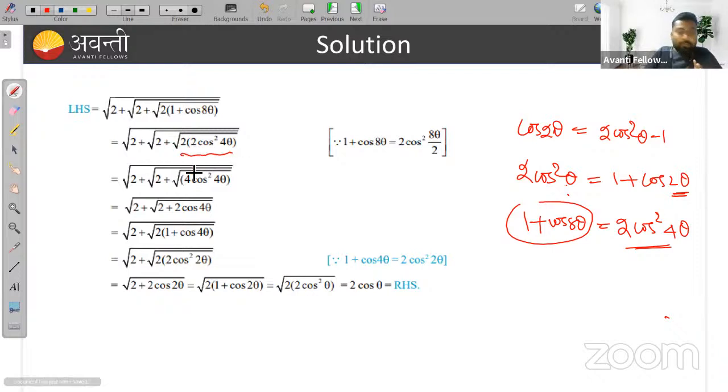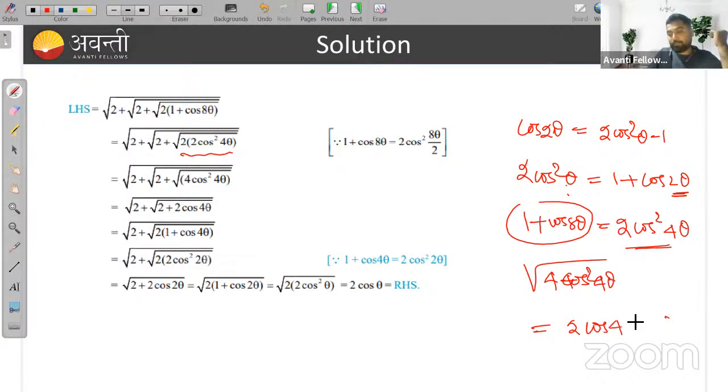So that is under root of 4 is 2. So 2 plus under root of 4 cos square 4 theta is 2 cos 4 theta.